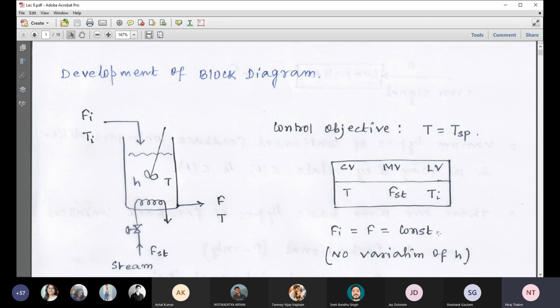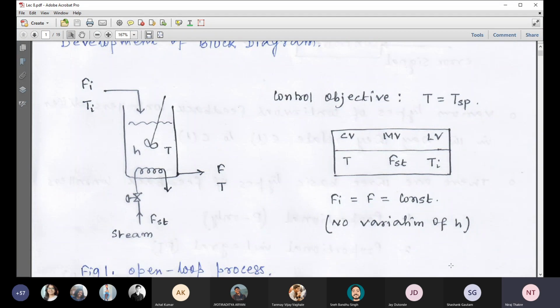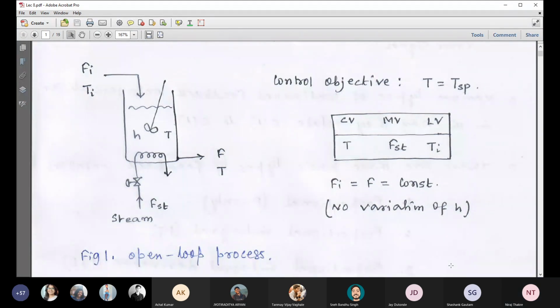So accordingly, we have only one load variable, that is Ti. Now, if these two flow rates, inlet and outlet flow rates, are identical and constant, then there is no variation of liquid height in the tank. So this is our open loop process.